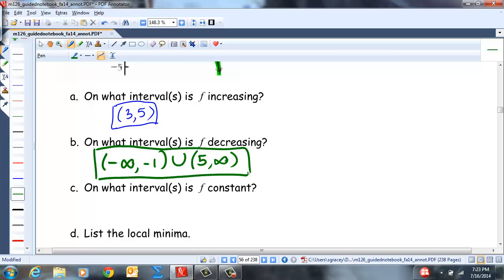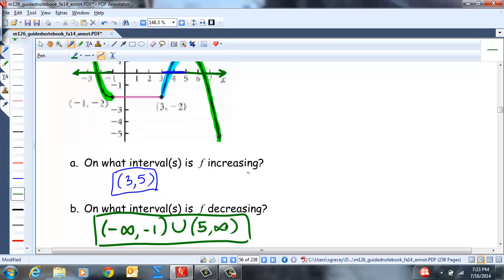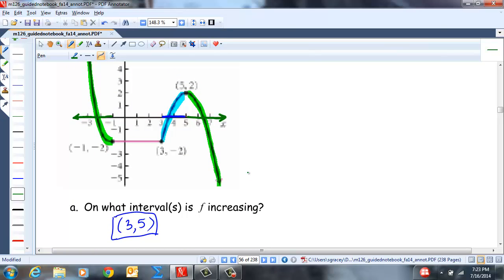Okay, now on what interval or intervals is our function constant? Good, do you see we have constant behavior right here, don't we? It's constant. And the x values where that's happening are here.